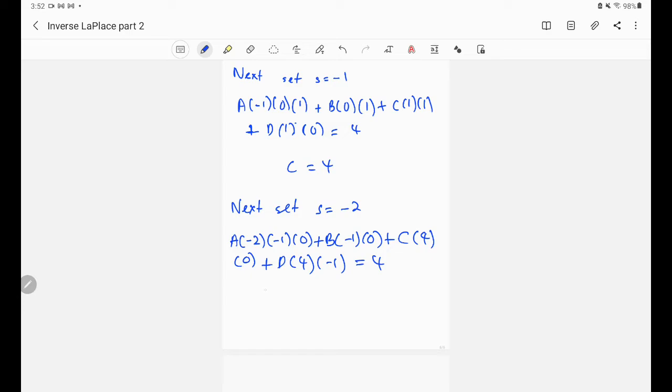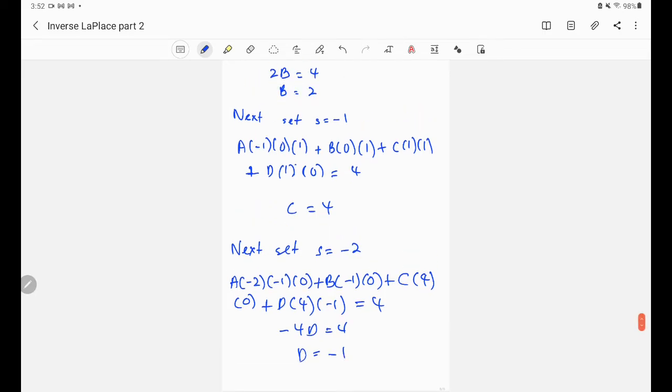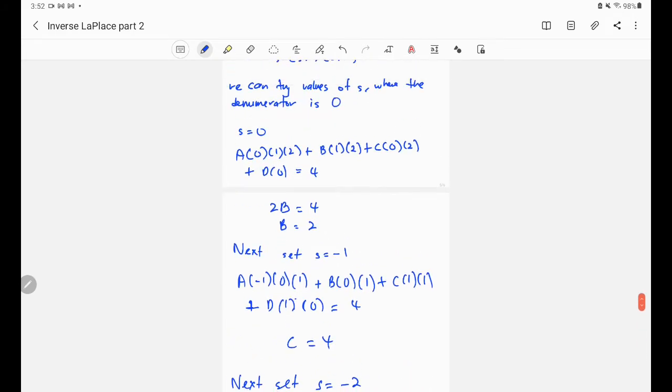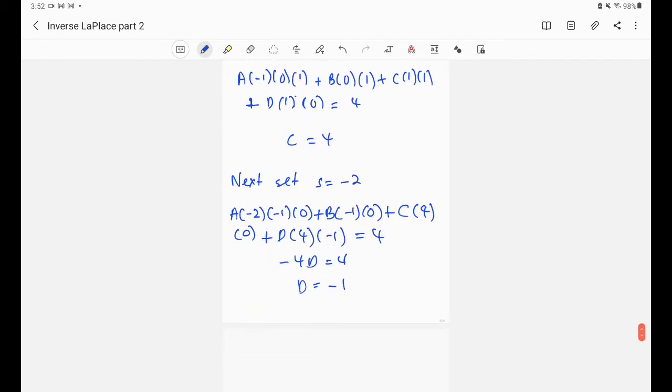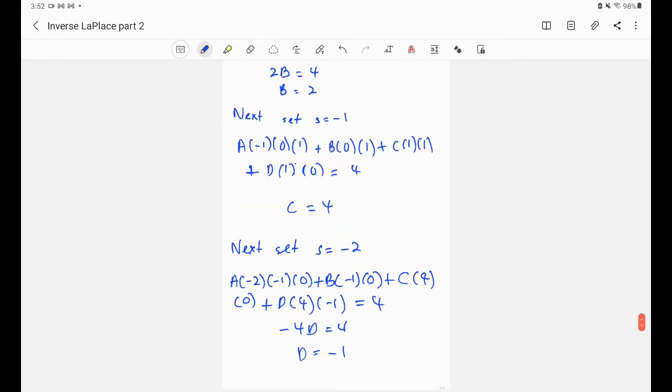So from here all that's left is negative 4D equals 4, and D is equal to minus 1. You see here we already have B, C and D. We just need to find A.